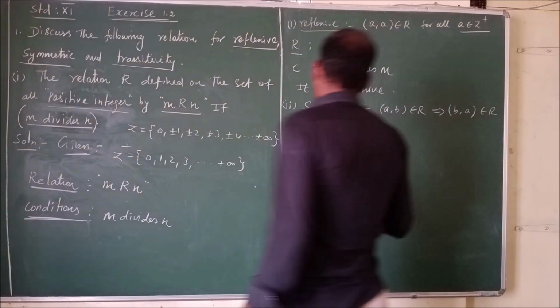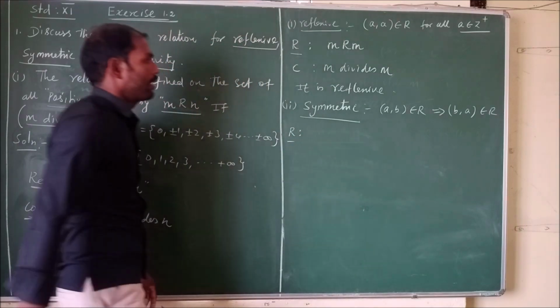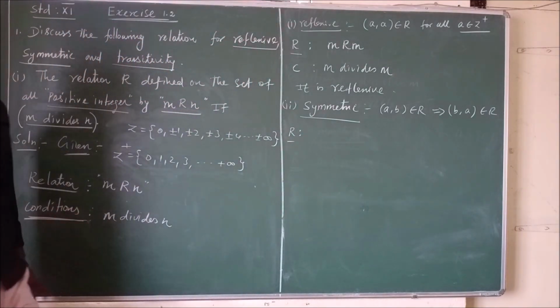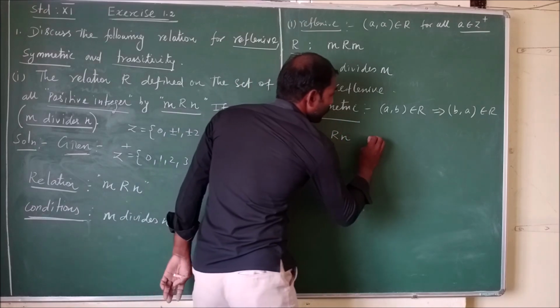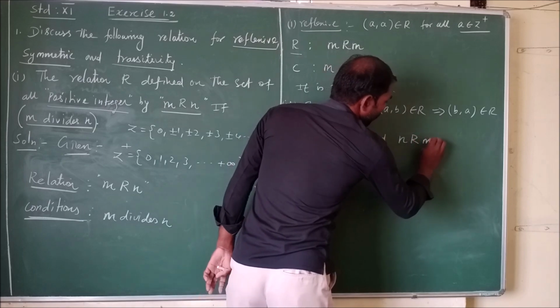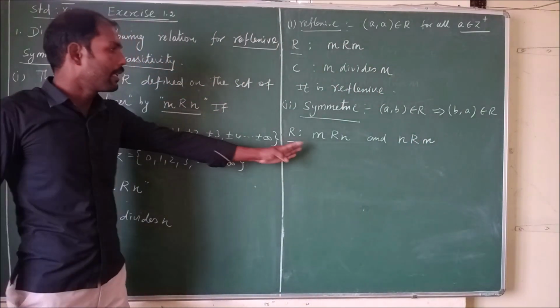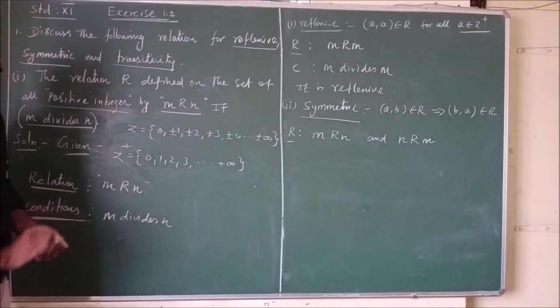So what is the relation? The relation is (m, n): m related to n and n related to m.